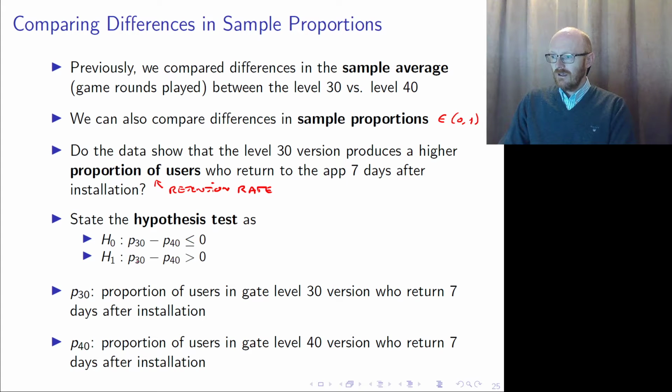So is the difference between proportions for gamers who use the game with the gate at level 30 higher than the proportion of users coming back to the game when the gate is at level 40? If this is true, then action.